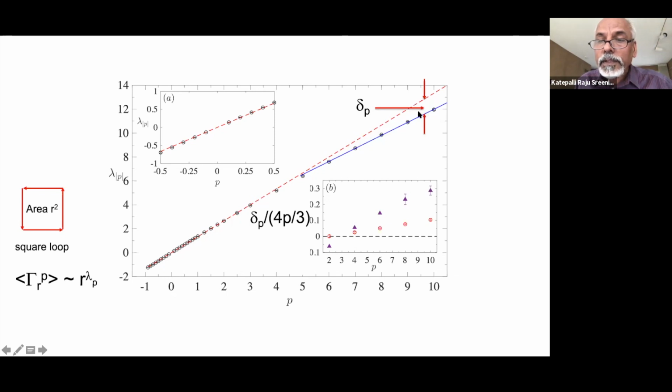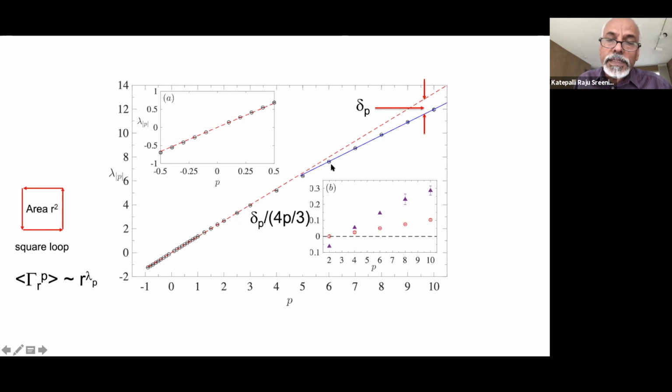Now, to understand whether it is true or not, what we did was to compute this delta P for different Reynolds numbers, for different RPs, and we found that with increasing Reynolds number, I did it for lower Reynolds numbers just because this is the highest I have and I can't go any further. What we found is that this curve, in fact, becomes more and more to lie on this line up to higher and higher order P, the higher the Reynolds number.